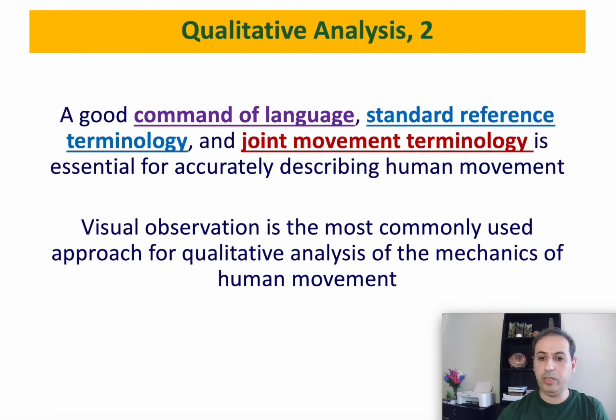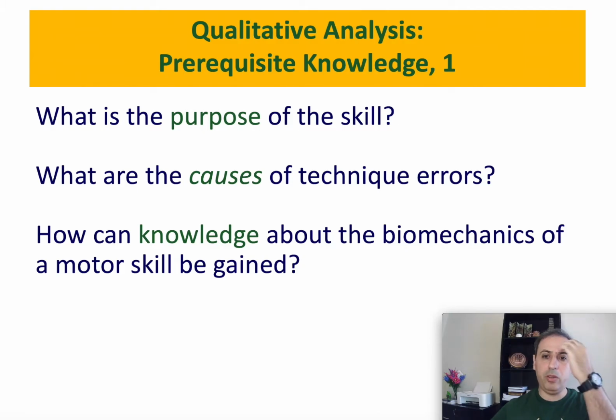Visual observation is the most commonly used approach for qualitative analysis of the mechanics of human movement, because coaches and physical therapists in the clinic are watching and observing their patients or their athletes. So visual observation is very important. We need some prerequisite knowledge before we can say that we can do meaningful qualitative analysis.